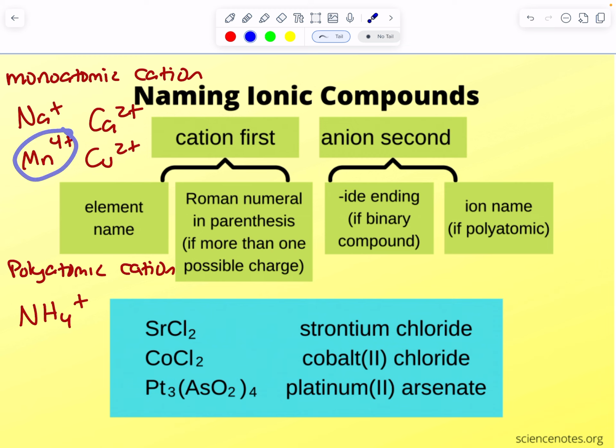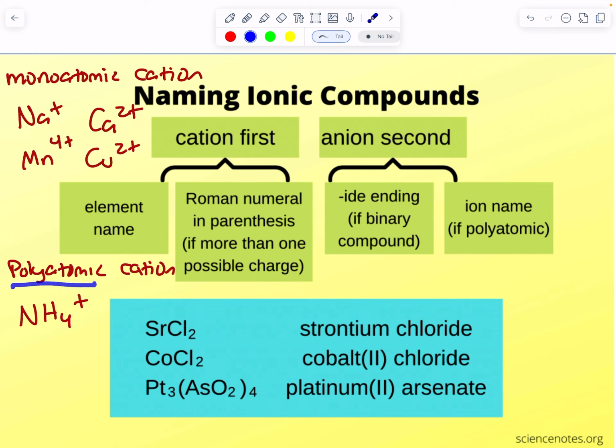I will put the element's name, so manganese, and the charge written in Roman numerals. All of these are examples of monoatomic cations. So transition metals require Roman numerals, and for non-transition metals, you just write the element without Roman numerals.